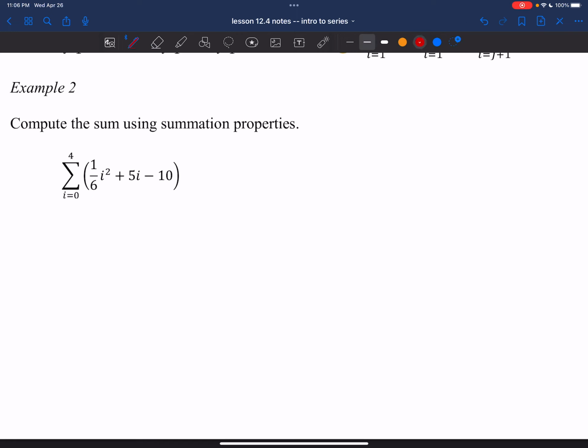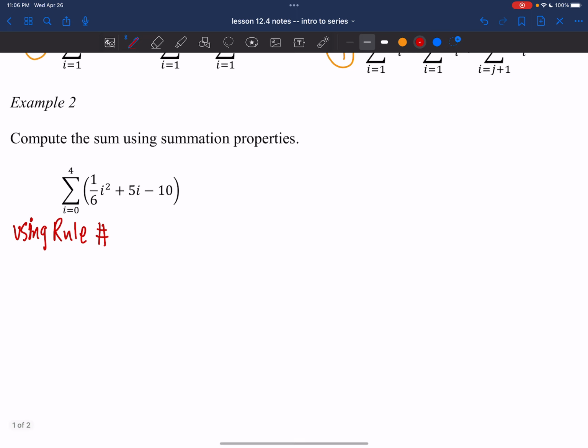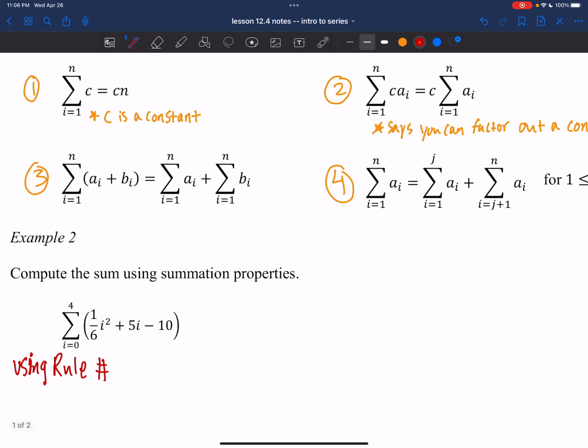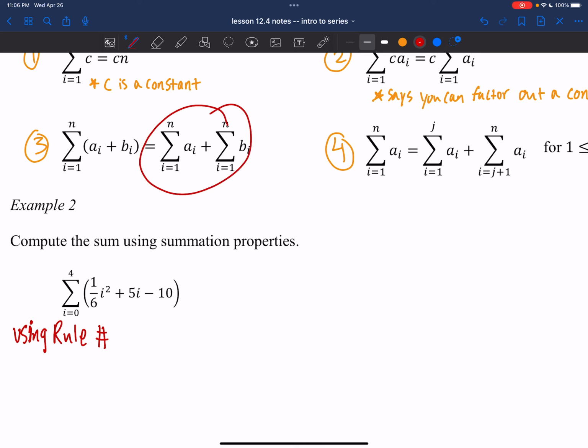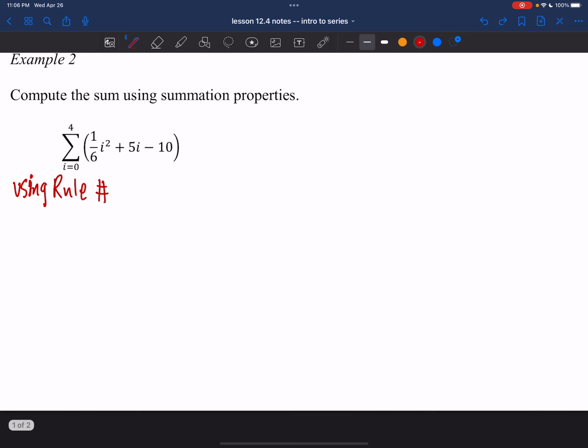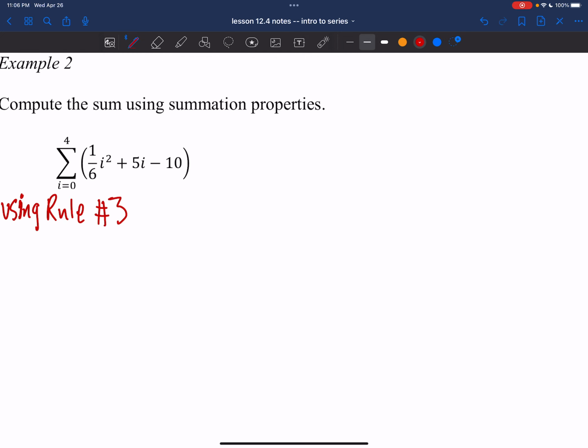So using rule number 3, sorry, not rule number 1, rule number 3, right? That rule says I can split this up. If I have plus, I can split them up as separate series. And so I'm going to do that using rule number 3. I'm going to say that this sum from i equals 0 to 4 of 1/6 i squared plus 5i minus 10.